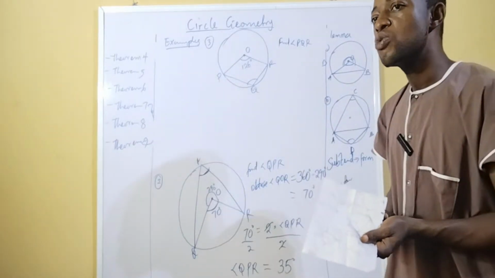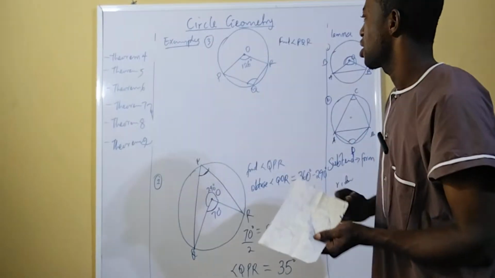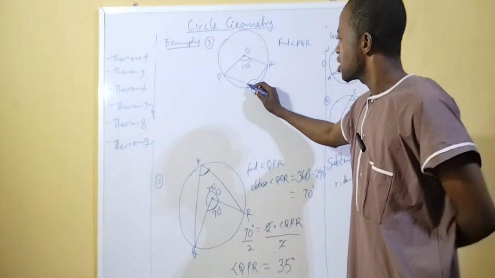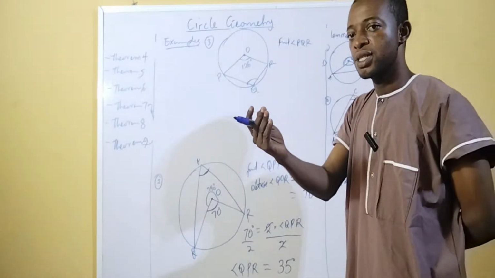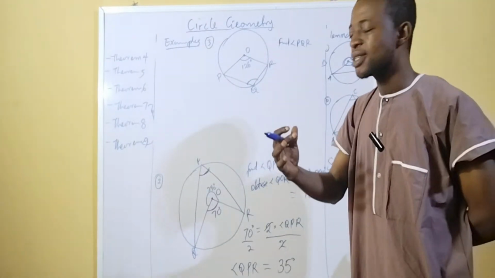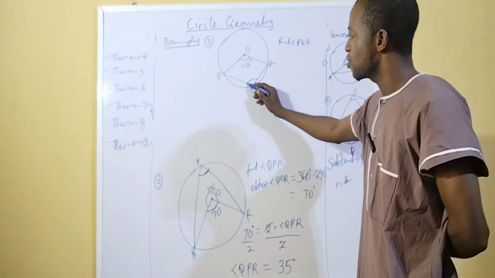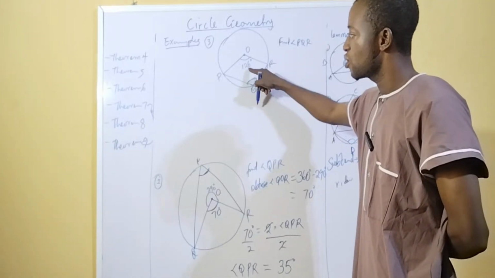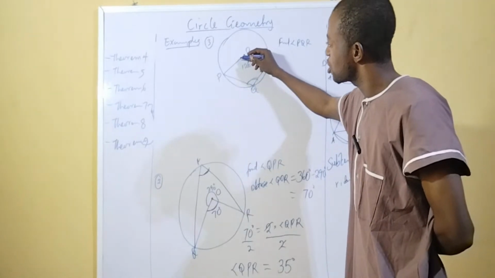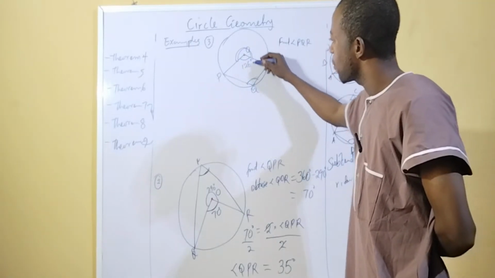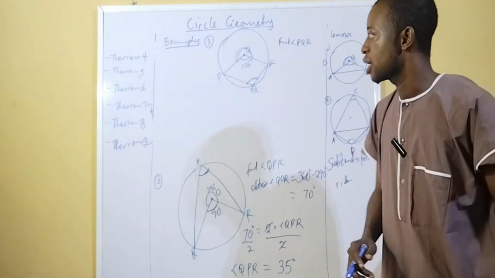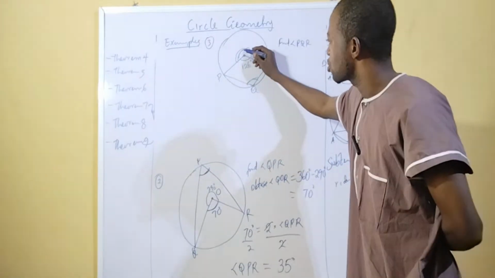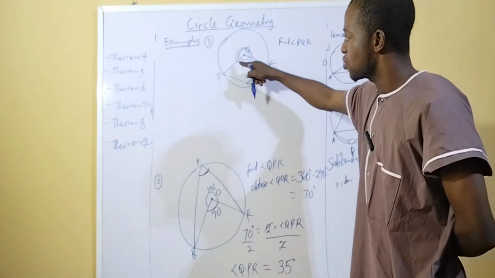And from here, we discover that this is angle at the circumference here, and it should have a corresponding angle at the center. And the angle at the center corresponding to this angle at the circumference is not this 126 degree, but the other one here. So that's the angle at the center. Okay, so that is why we need to get this angle first. Because we are given this, we can get the other one.